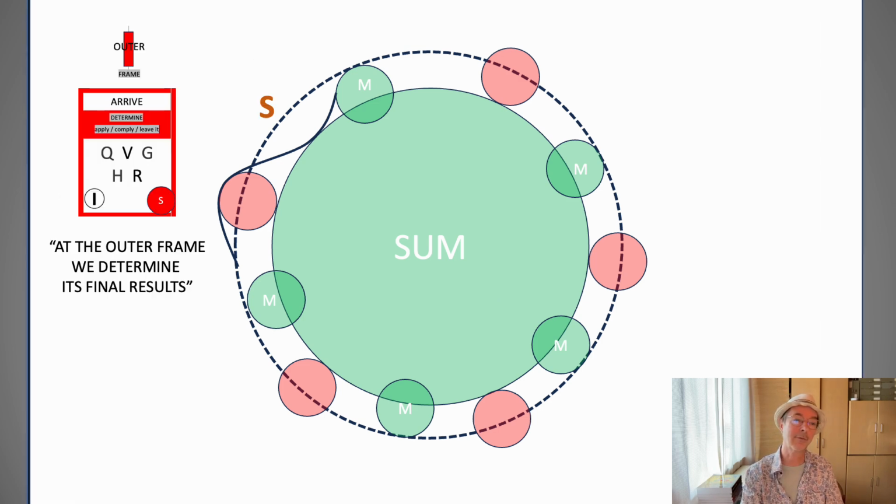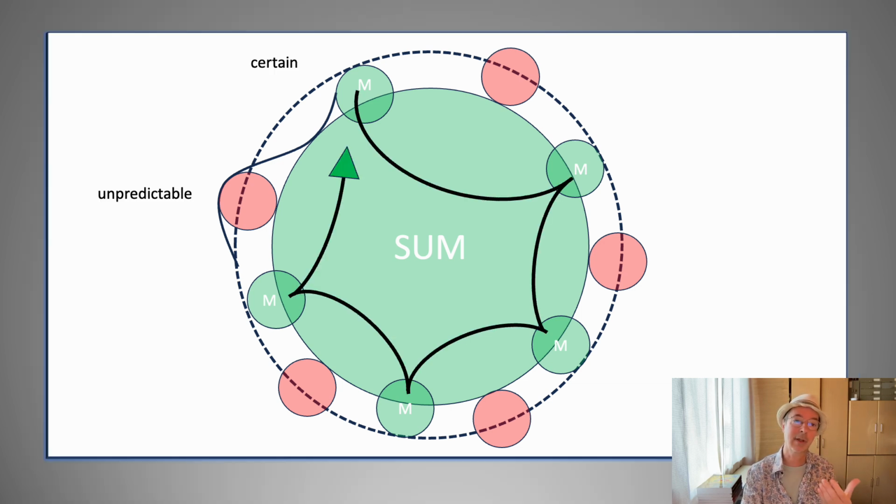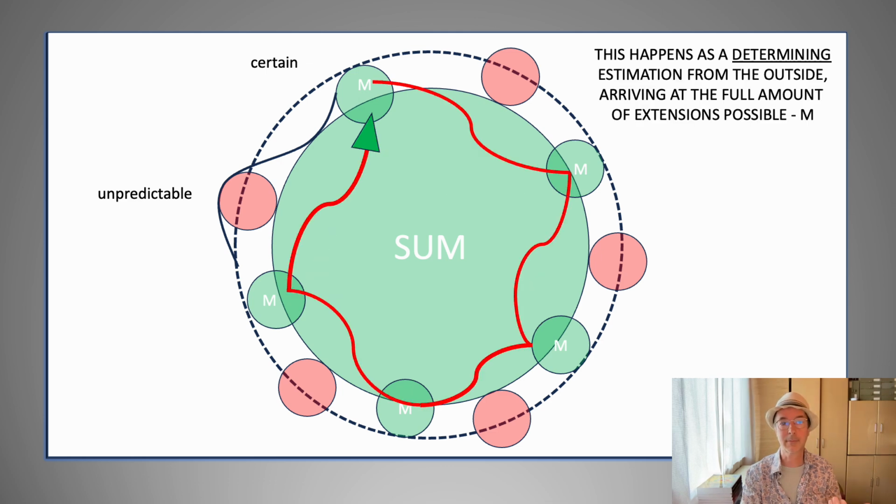So at the outer frame, of course, we will determine results, and depending on what we use as a method, we will count the things in the sum differently. We can use just the certain element, and we have here 5 elements. Or we can also deal with the full perspective, where the estimation is now determined with a method.